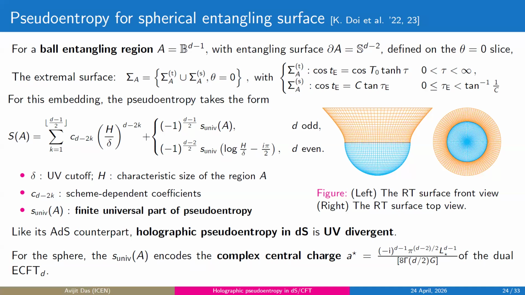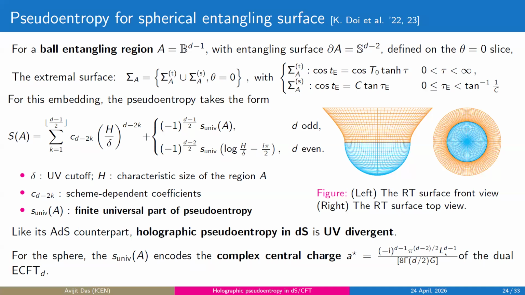We have done that, and for odd dimension and even dimension, the behavior is a little different. You have some divergent pieces. Here delta is the UV cutoff, and then you have this H, which is the characteristic length scale, and then you have a universal part that is cutoff independent.